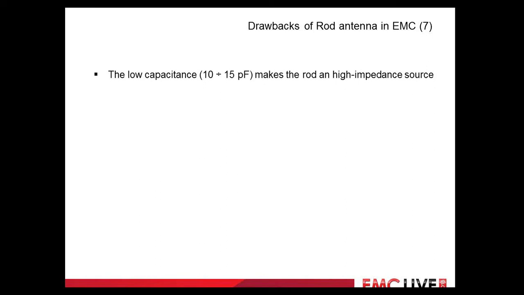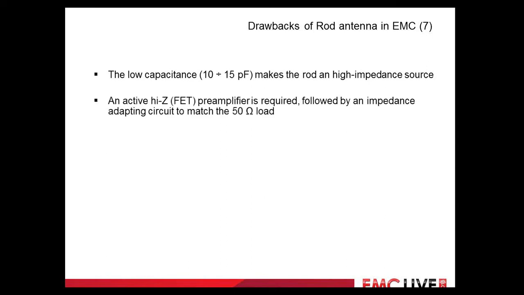Now, the low self-capacitance we have analyzed before means that the rod becomes a high impedance source. To measure, we have to use a MOSFET preamplifier and an impedance adapting circuit to match the 50 ohm output, which will be connected to the measuring instrument.